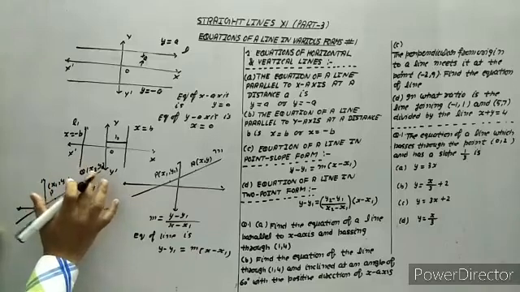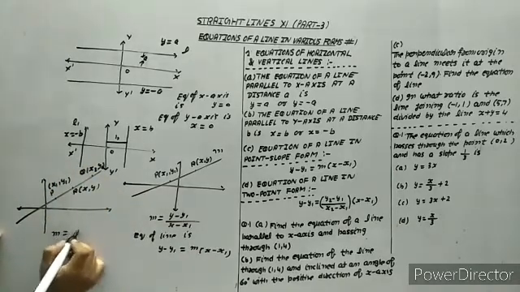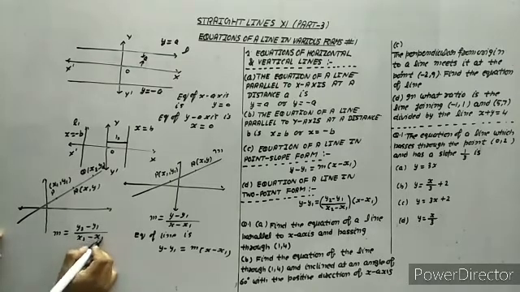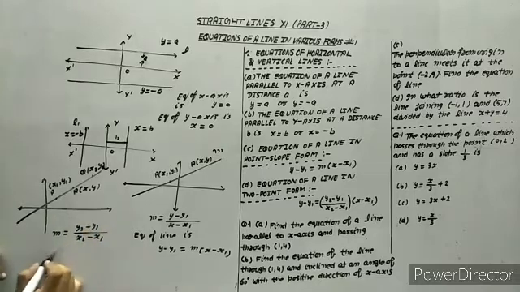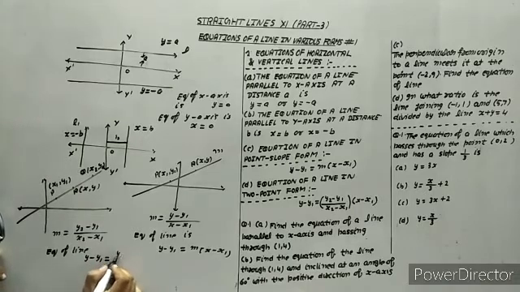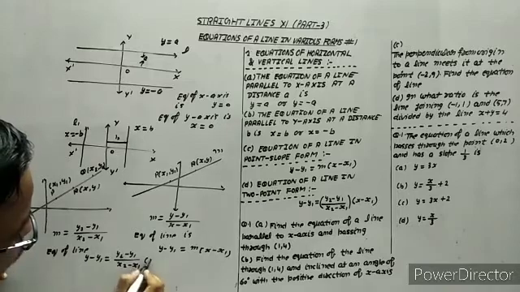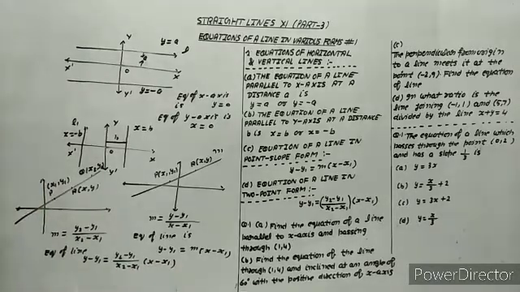Because these two points are given, the slope m is (y2 - y1)/(x2 - x1). Now, according to the point slope form, the equation of the line is y - y1 = (y2 - y1)/(x2 - x1) into (x - x1). This is the equation of a line in two-point form.